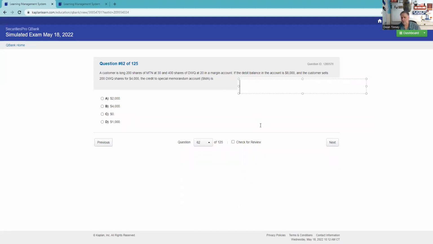I'm going to figure out what my long market value is because I know you need to know the classic margin equation. So 200 shares times 30 is $6,000, and 400 shares at 20 is $8,000. So 6 and 8 is $14,000 in long market value.